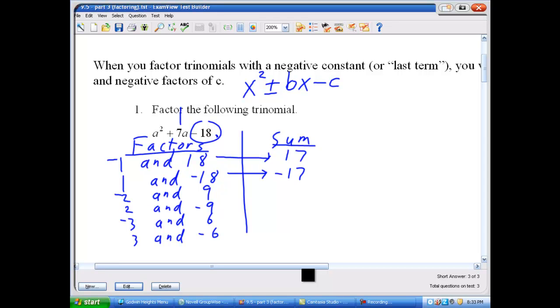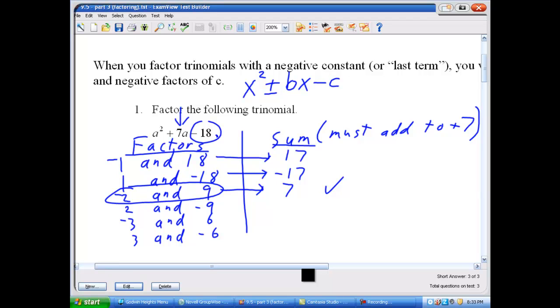What I'm looking for is for that to add up to the middle term, so the sum must add up to the middle term, which is positive 7 in this case. So let's keep going. If I do negative 2 and 9, that gives me positive 7, and it looks like I'm done. So negative 2 and 9 are the right ones, but that's not good enough.